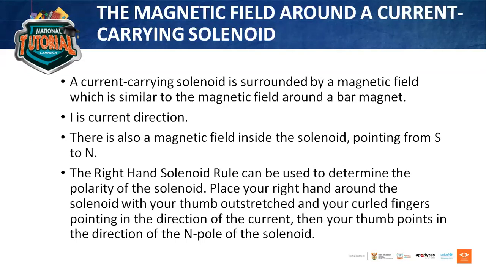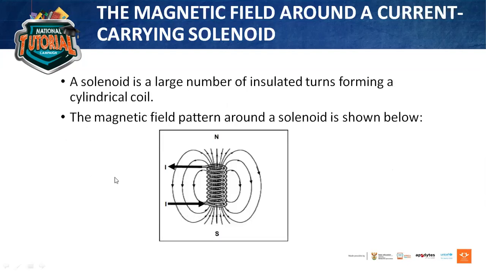Then your thumb points in the direction of the north pole of the solenoid. So this is how it would be. You can even imagine it here just by putting the thumb where the current is going in. You'll be able to see that your coiled hands are pointing to the direction of the magnet exactly the way it's stipulated in this diagram.